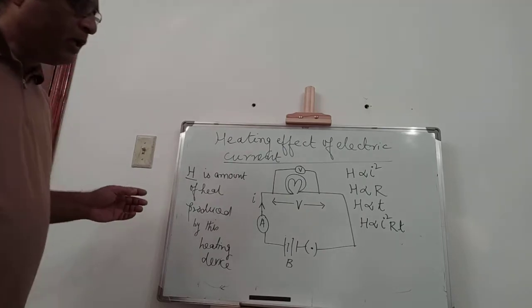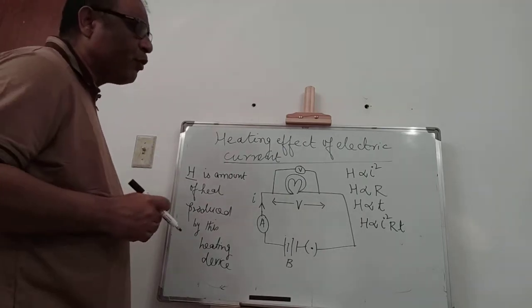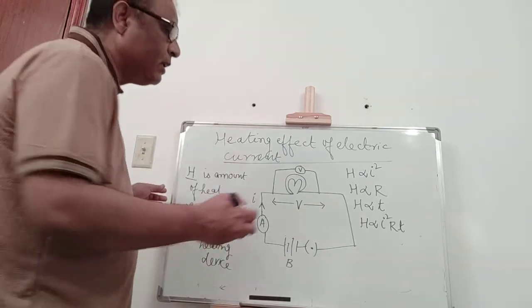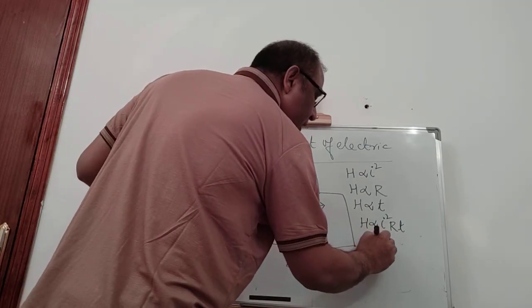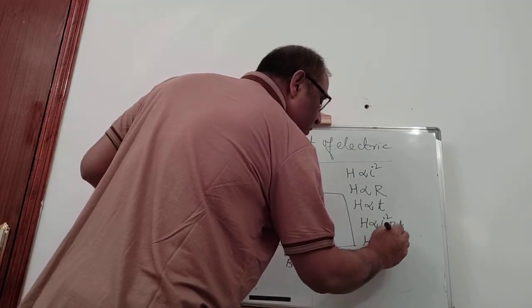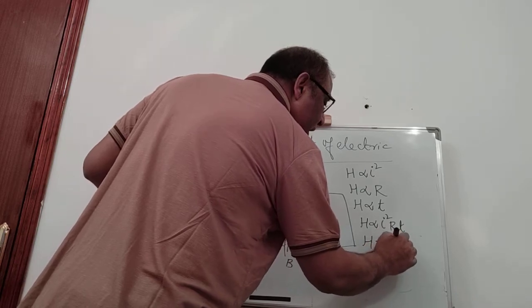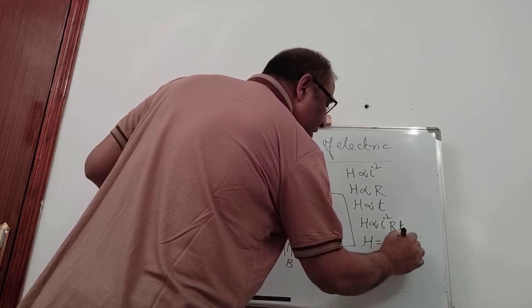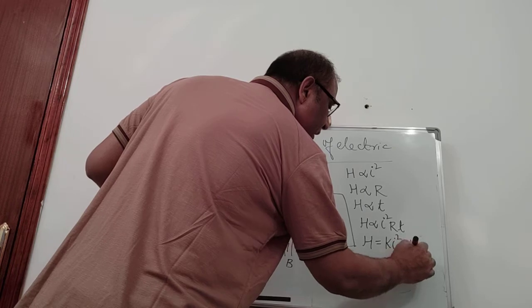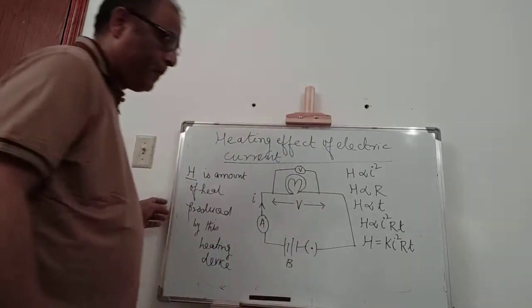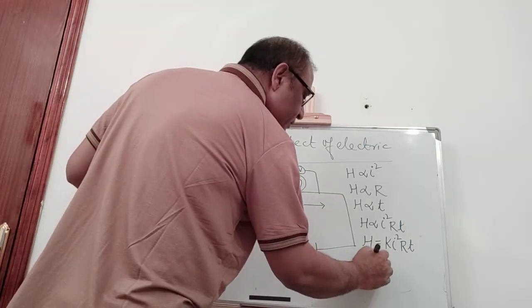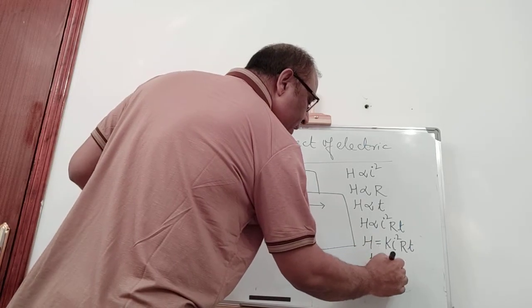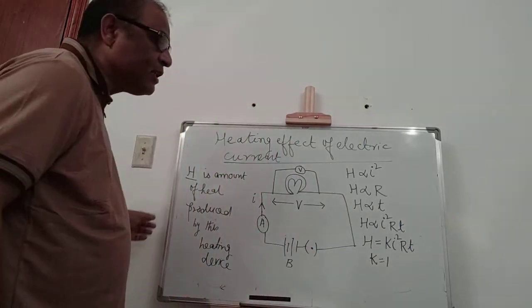H is proportional to I square R T. We know that when the sign of proportionality is removed, then we get H equal to K I square R T. The value of K is equal to 1 in the SI system.